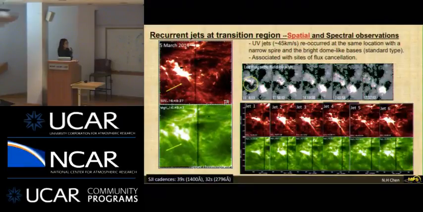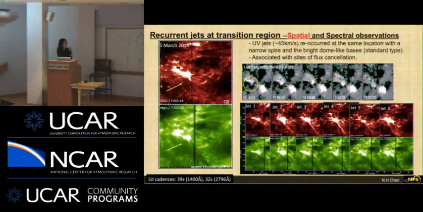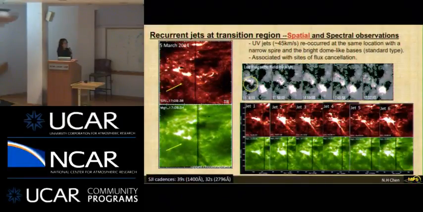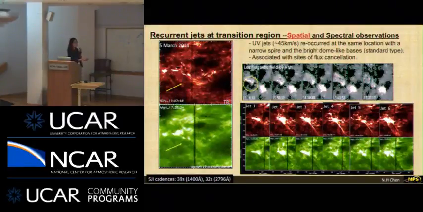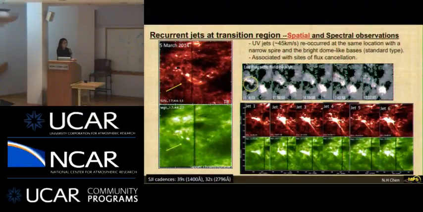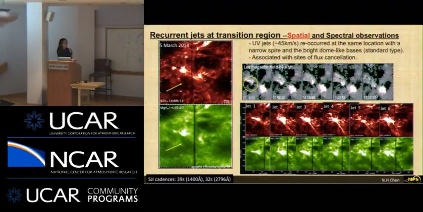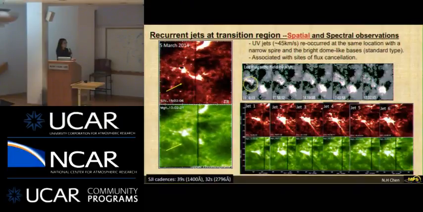The main jet is coming from this region, and then we'll see another jet coming beside it, and there's also another flux cancellation site. So both of the jets propagate to the south-west side, and sometimes they propagate parallel, and sometimes they overlap together.